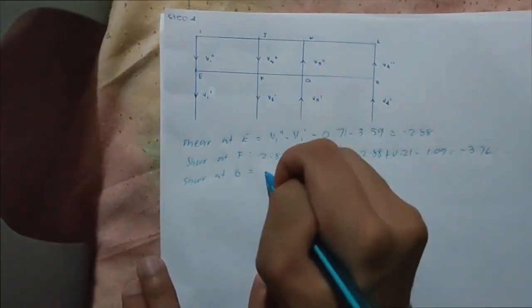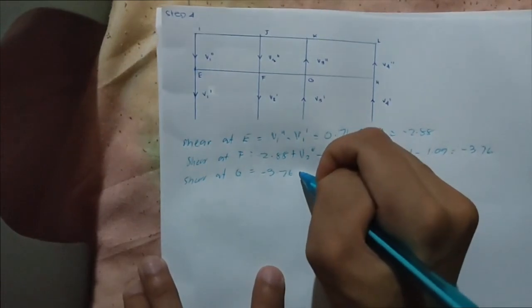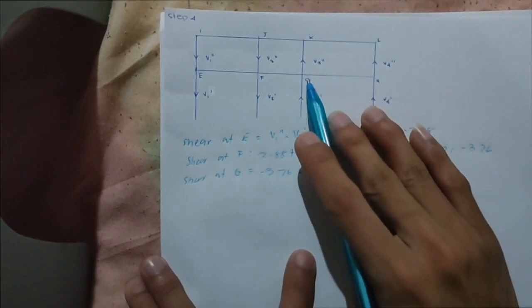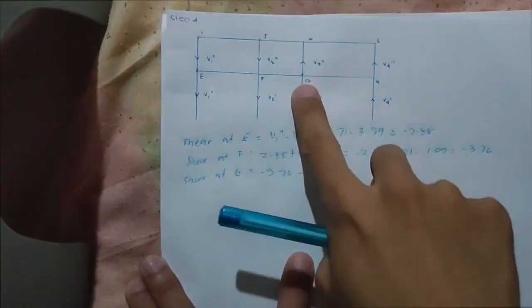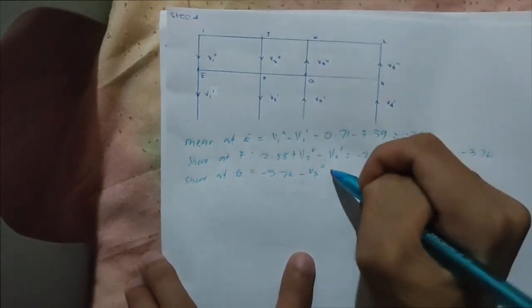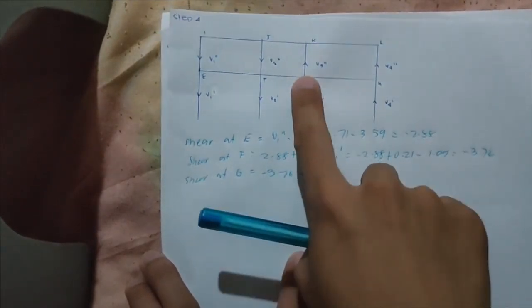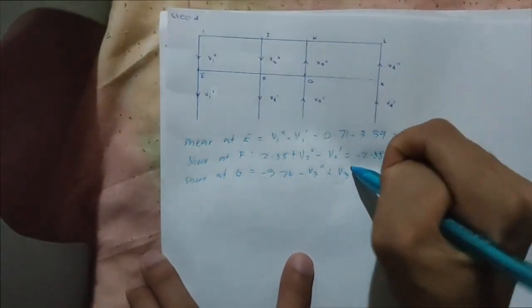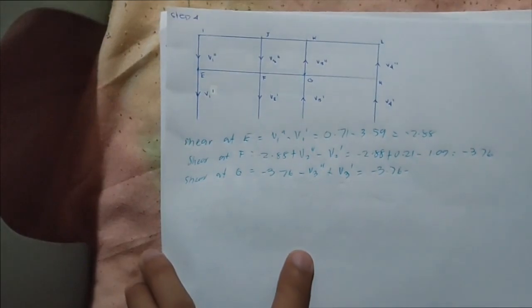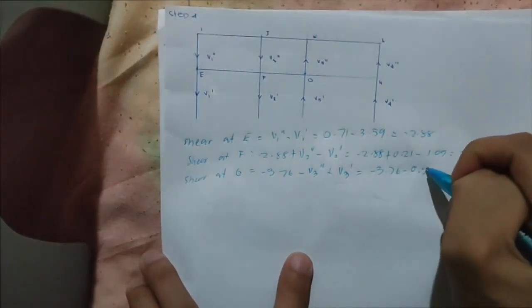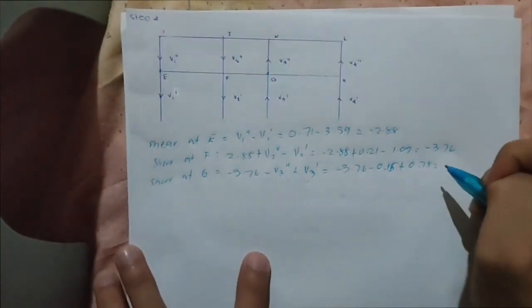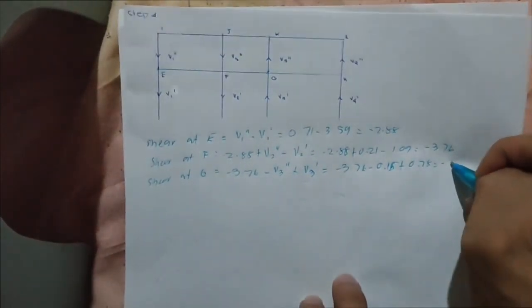We copy negative 3.76. V3 at point G is going away from the point, so V3 second floor is negative, then V3 first floor is positive because it is going towards the point. So that is negative 3.76 minus 0.15 plus 0.78, which is equal to negative 3.13.